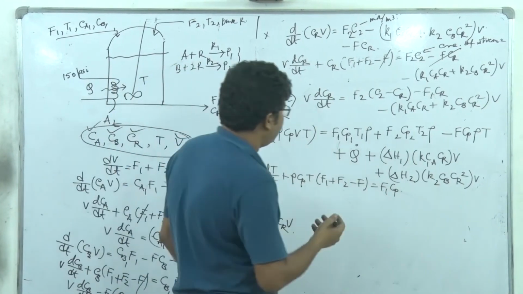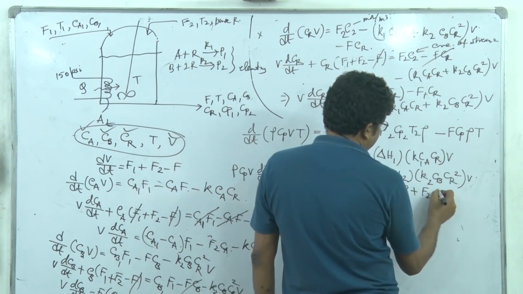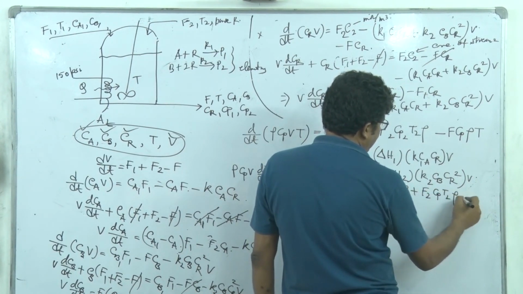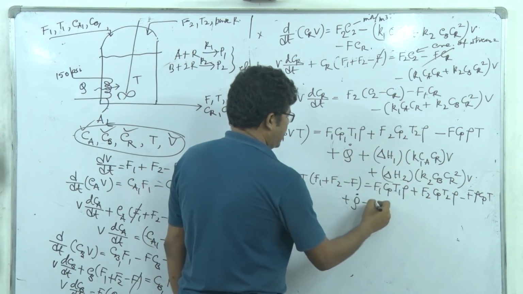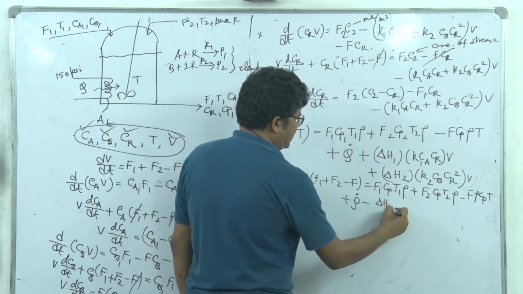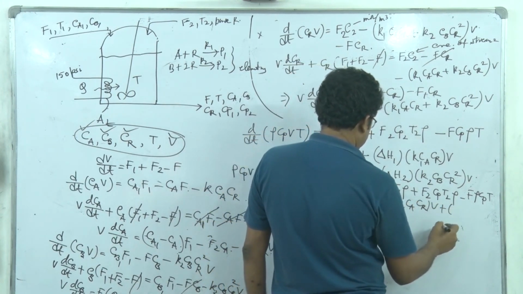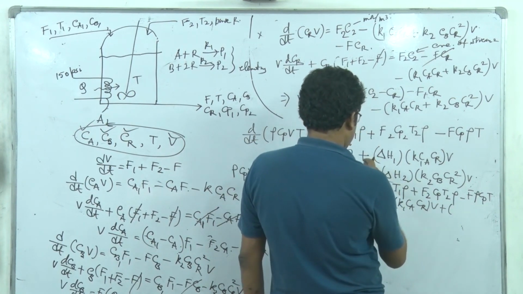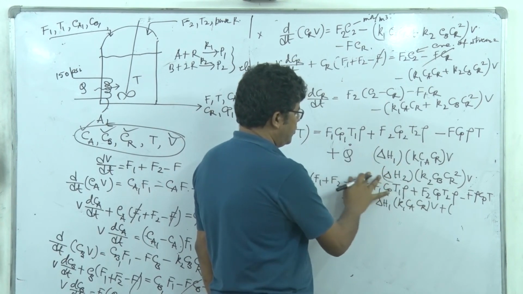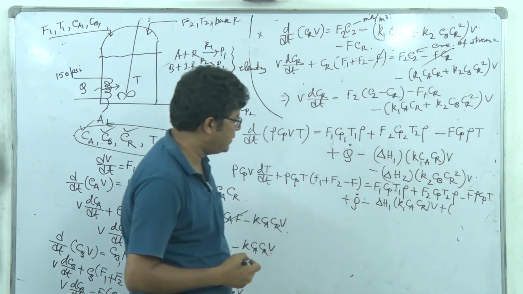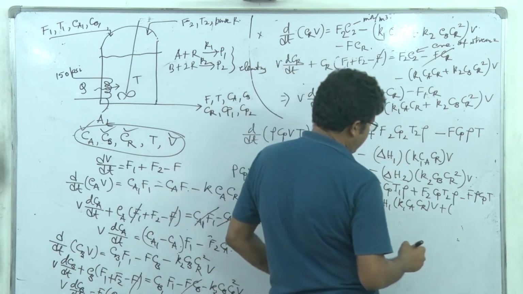Anyway, you can write this under the assumption that F1 into Cp into T1 into rho plus F2 into Cp into T2 into rho minus F rho Cp T, right, plus Q dot minus delta H1 into K1 Ca Cr into V, plus, this will be plus, no, this is delta H1, okay, this we have to put negative because delta H1 is positive, so that much heat is abstracted, right?